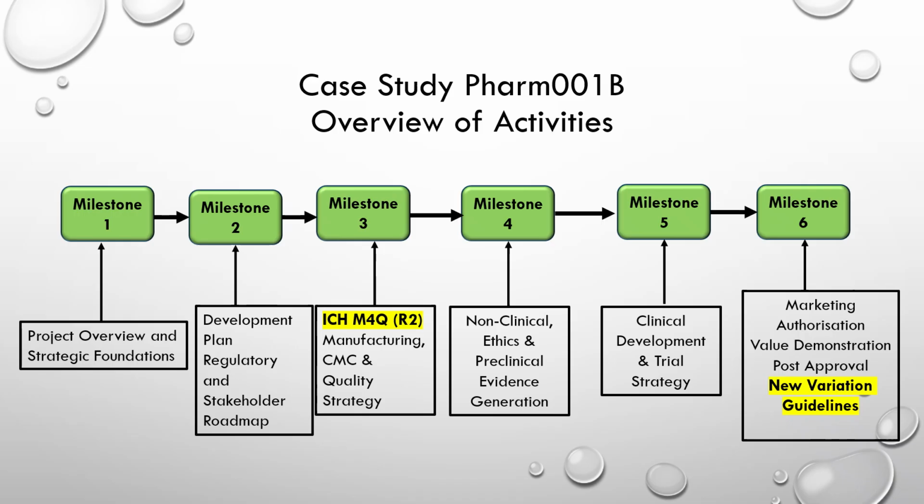So I'm on milestone 2, but this is the final presentation of milestone 2, and I just want to talk about some directions and some things that we need to consider for the development plan and the considerations that we need to make in terms of moving these products forward.